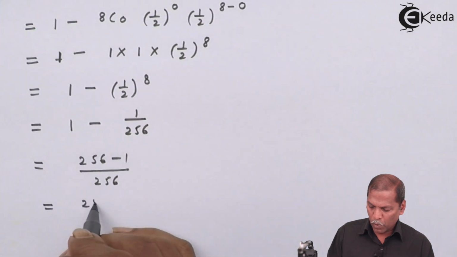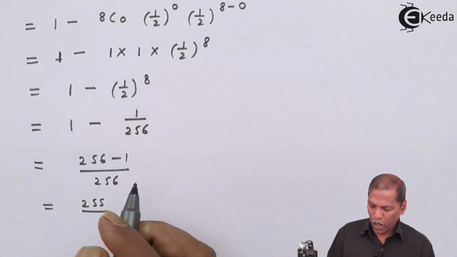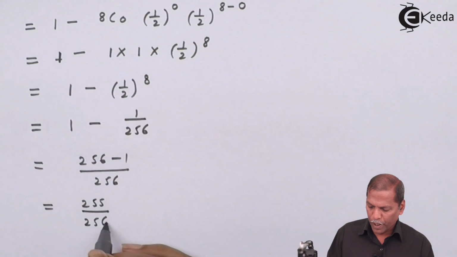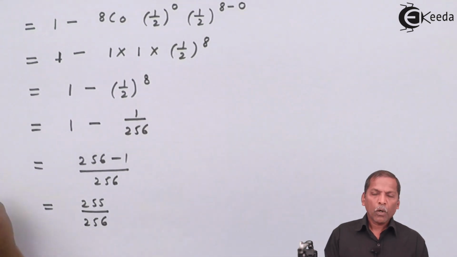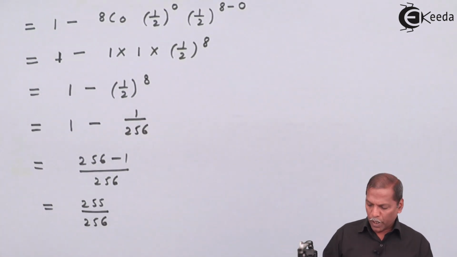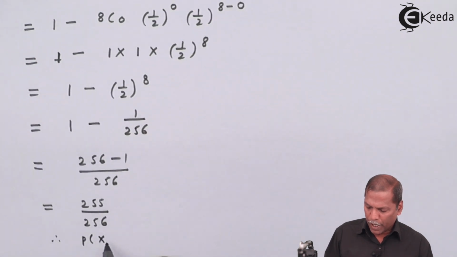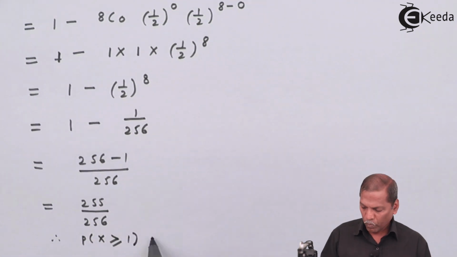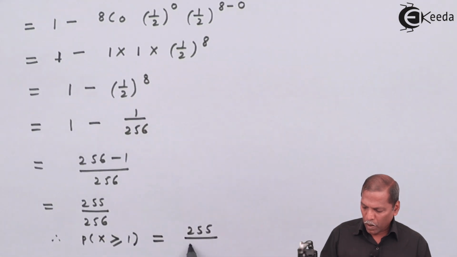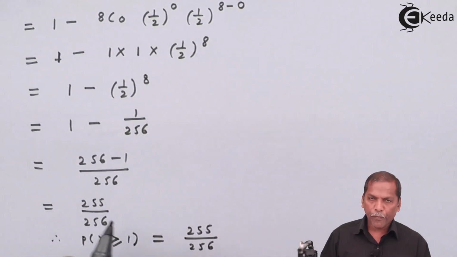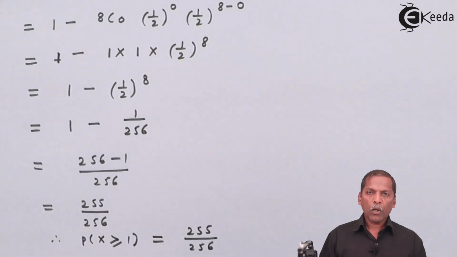So that equals 255/256. So in this way we find that probability x greater than or equal to 1 is equal to 255/256. So this is the required solution for the given problem. Thank you.